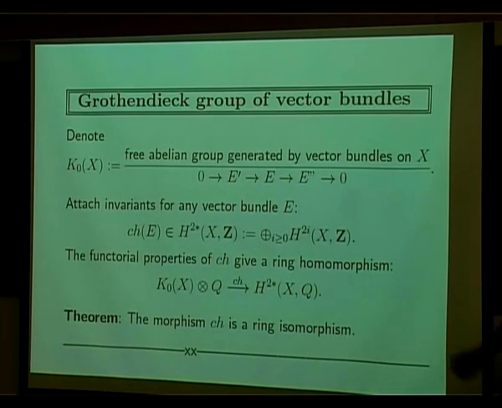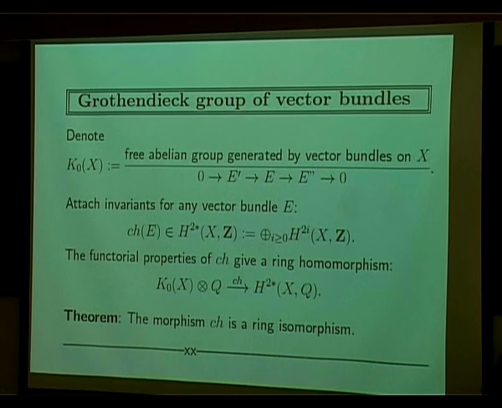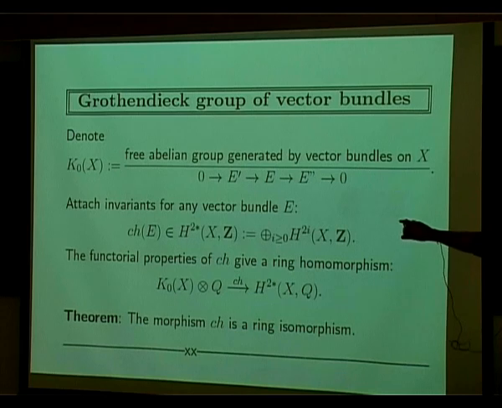So this is the last page. Just as when you look at a topological space X and look at subspaces and form a group, similarly you take the collection of all vector bundles and make it into a group by putting signs and coefficients which lie in the integers, and you put some equivalence relation on vector bundles. You attach invariants called the Chern classes, or rather the Chern invariants, which lie in the even degree cohomology.